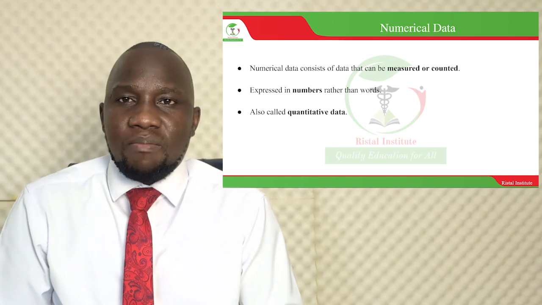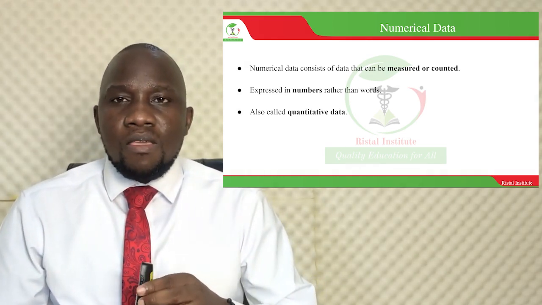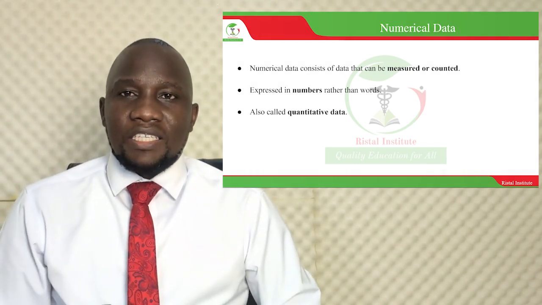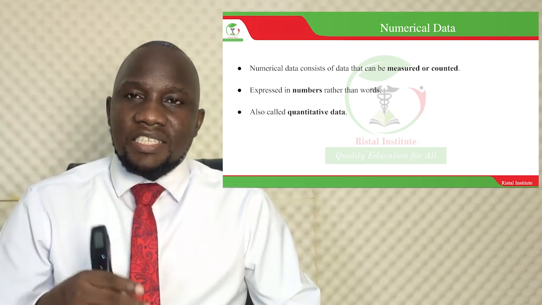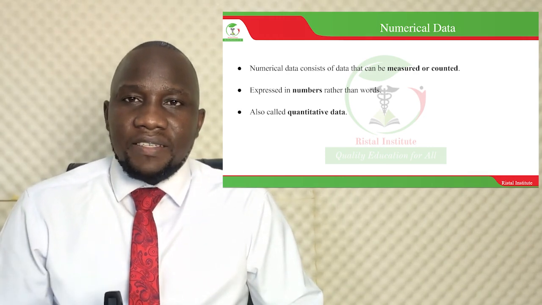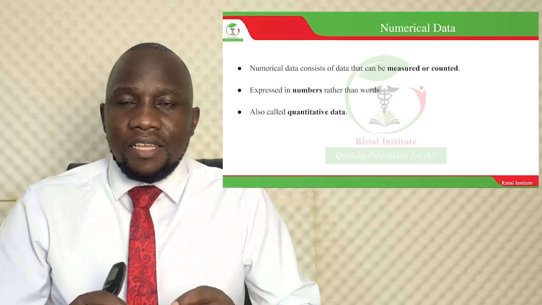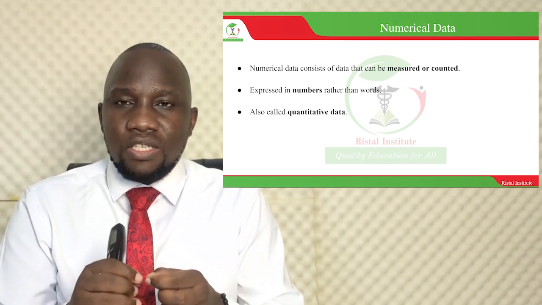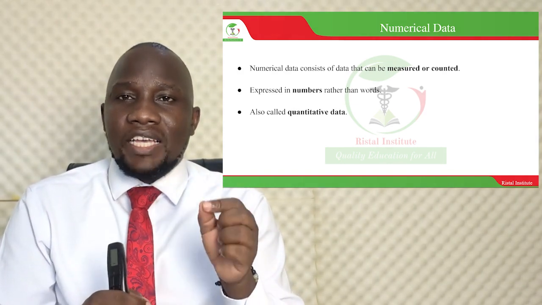For example, if we talk about height, we can take measurements and determine your height and say you are 1.6 meters high. So that 1.6 is the data that we are attributing to that characteristic of height.